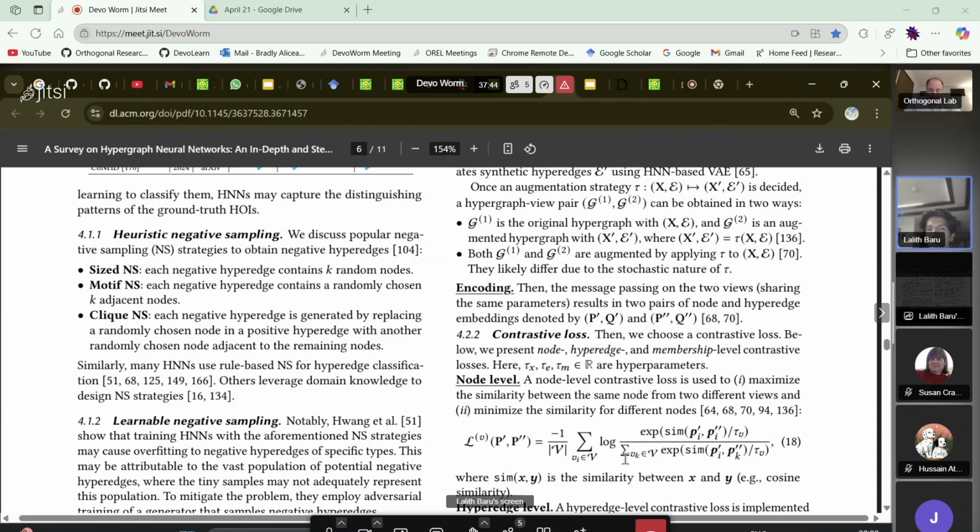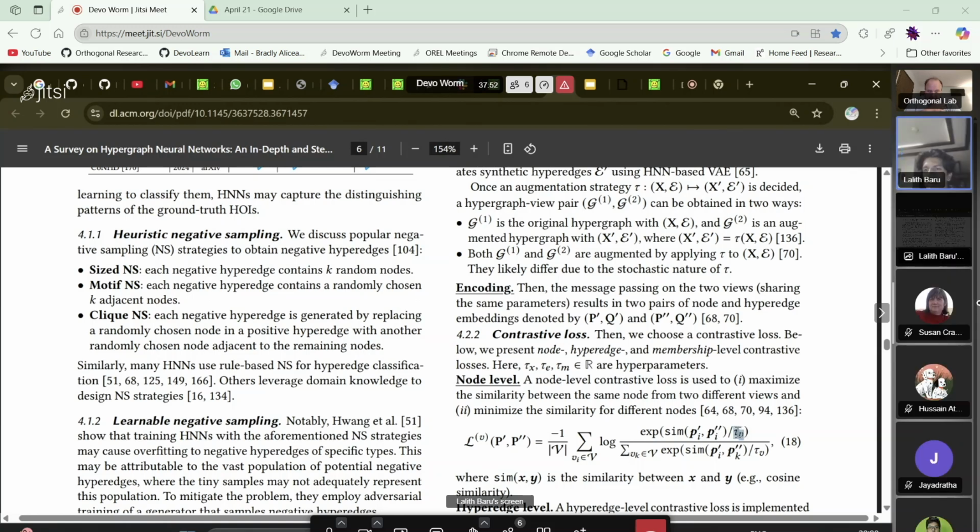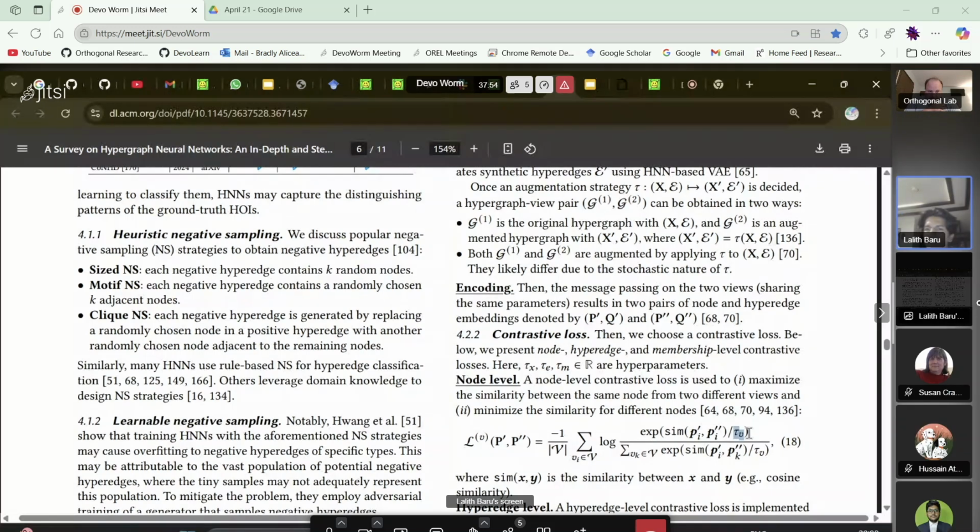And we use this loss function. This is called the normalized temperature cross entropy loss. This tau is the temperature coefficient that is used to tweak the model's performance. This loss was adapted from computer vision, where they use it for self-supervised visual representation learning.